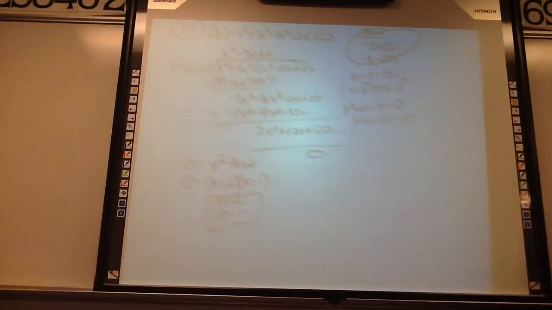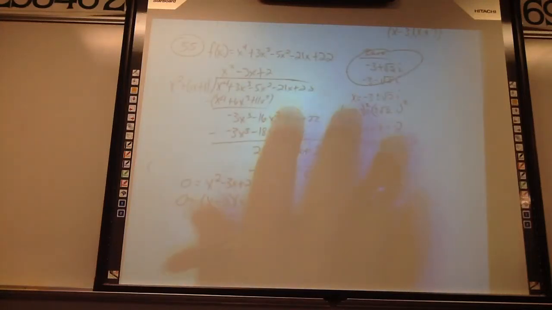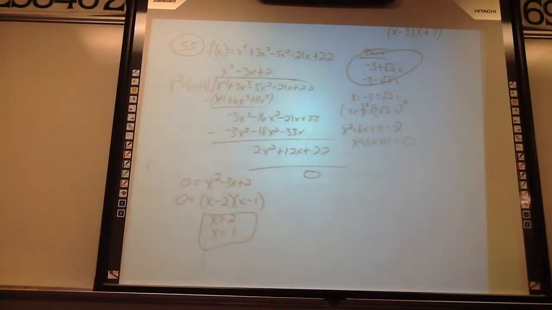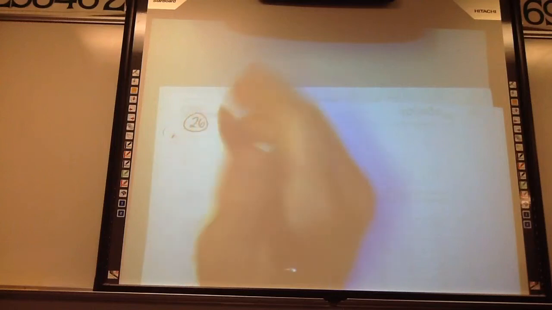Now let's look at problems like this, where I give you one of the zeros and it's a complex number, the calculator will not help you with that. The ones it will help you with are like number 26, still in the same section, 2.6.